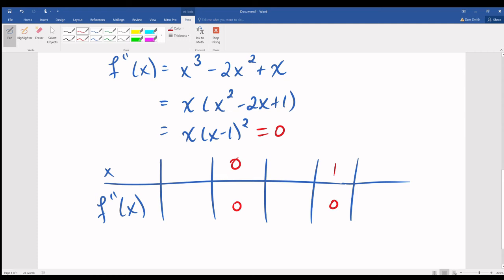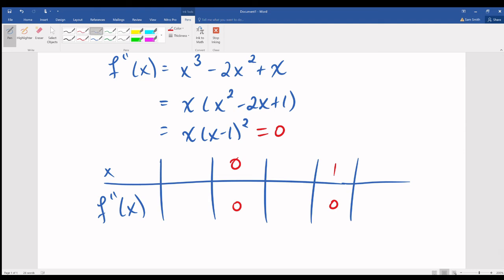But are both x equals 0 and x equals 1 guaranteed to be the location of inflection points? It's not guaranteed because it's possible that f double prime will be the same side on either side of these candidates for inflection points.